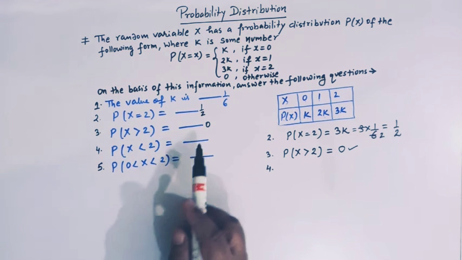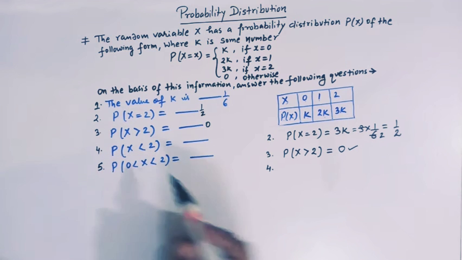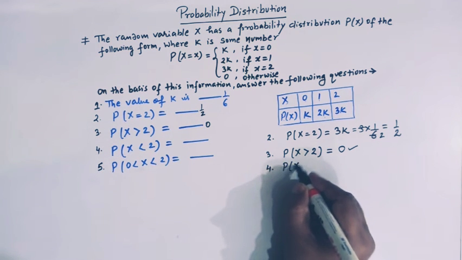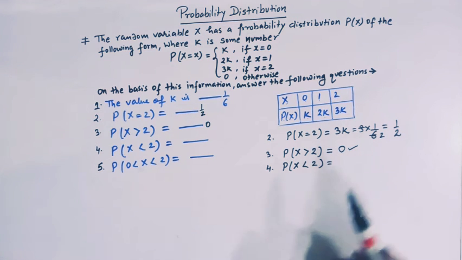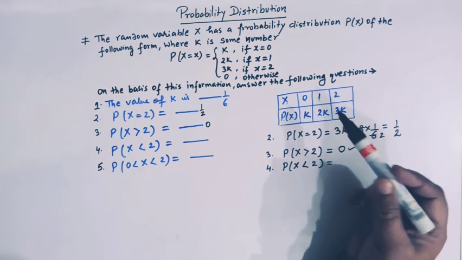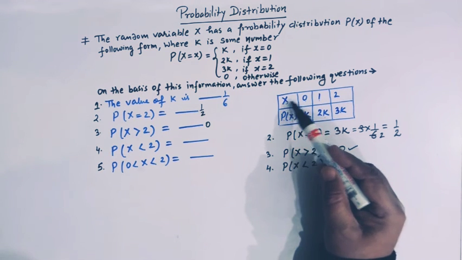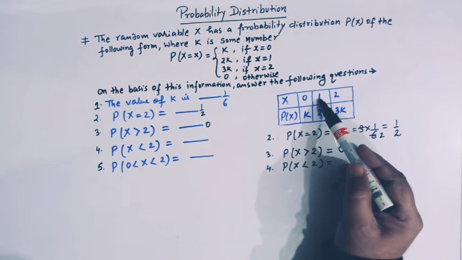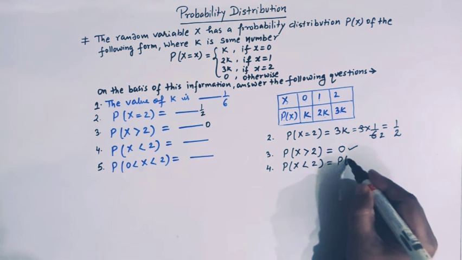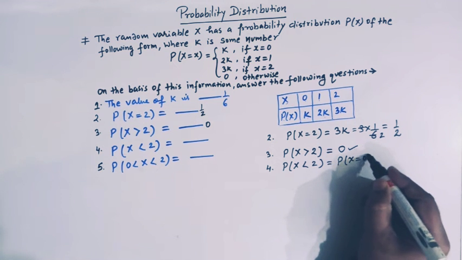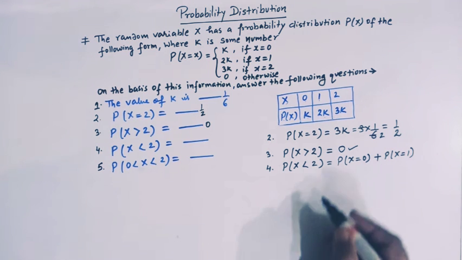Now we have to find the value of p of x less than 2. So p of x less than 2 means we have to find the sum of the probabilities when x is 0 and x is 1. So p of x less than 2 can be written as p of x equal to 0 plus p of x equal to 1, right?